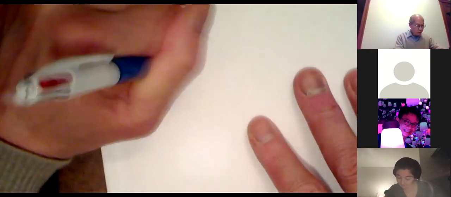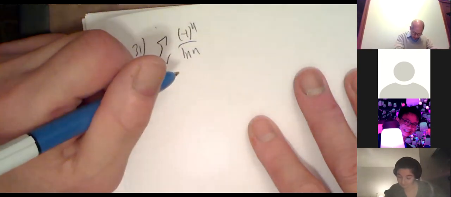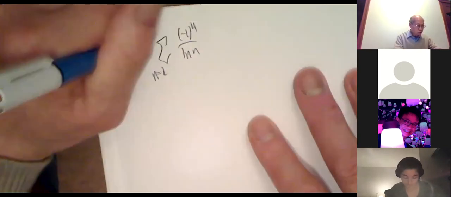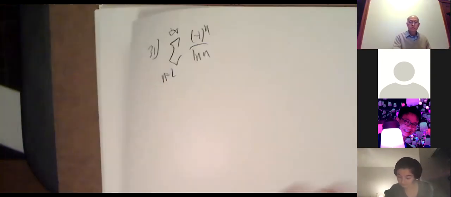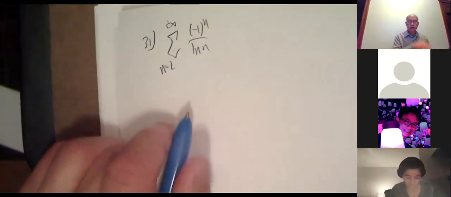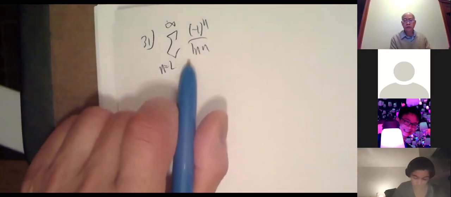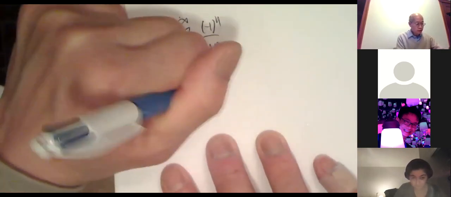Summation of negative 1 to the n over ln n, n from 2 to infinity. What's wrong with 1? Can't take ln 1. All right, it's alternating, terms decrease in absolute value and approach 0. All right, alternating, absolute value is decreasing, a sub n approaches 0.